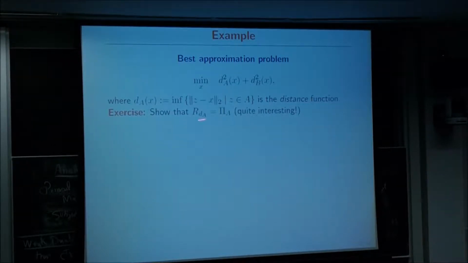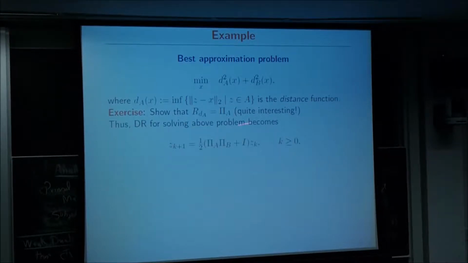The part of the exercise I leave there is that the reflection operator for squared distance is nothing but the projection operator. That's very interesting, I didn't foresee it until I did the algebra. After you do the algebra, then you can say, oh yeah, that's quite an interesting thing that it satisfies.